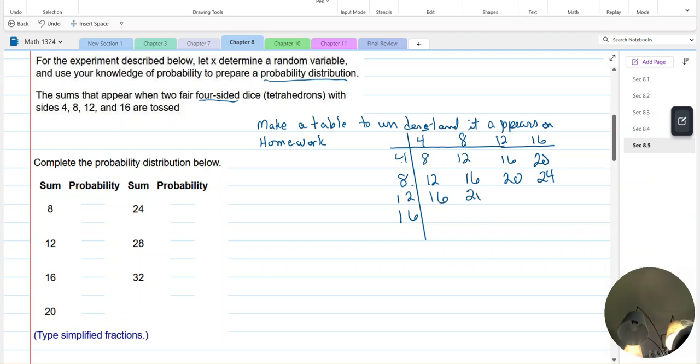12 and 8 is 20. 12 and 12 is 24. 12 and 16 is 28. 16 and 4 is 20. 16 and 8 is 24. 16 and 12 is 28. And 16 and 16 is 32. These are all the outcomes.